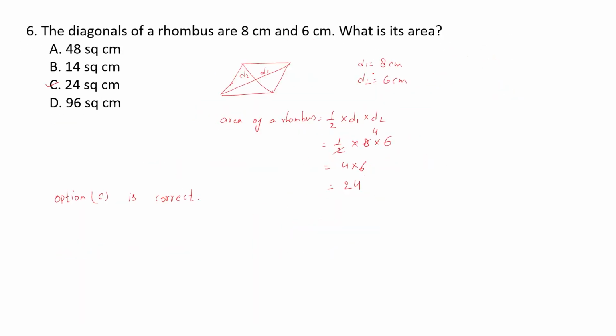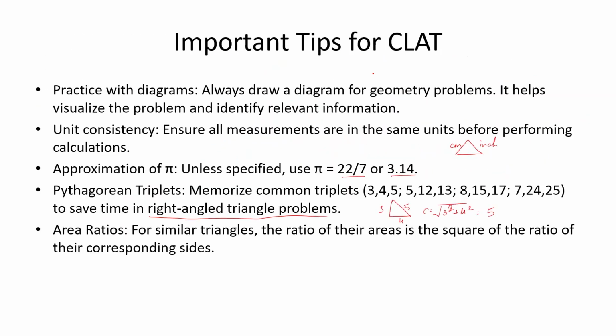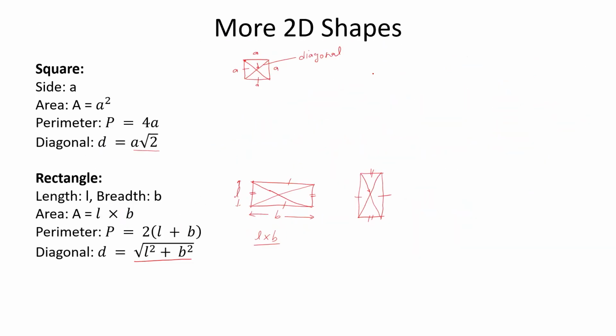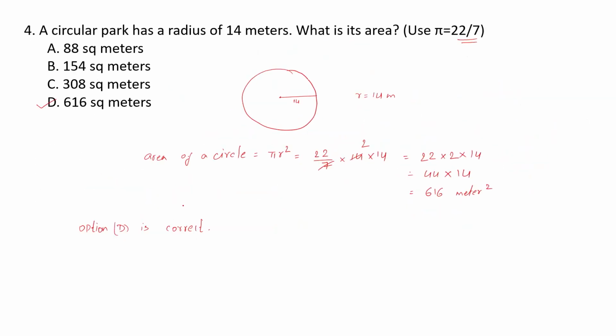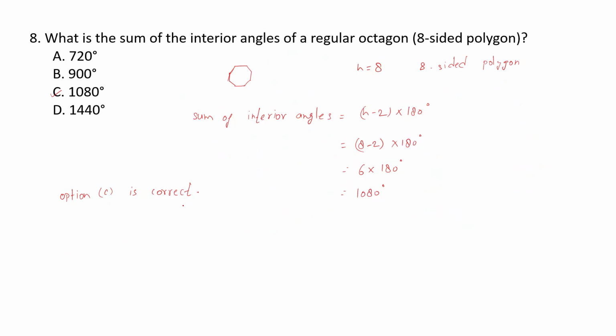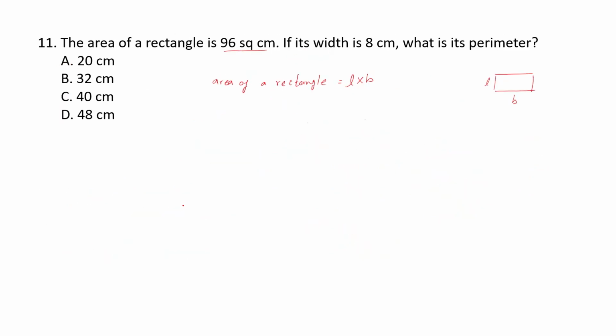Let's cross check. Rectangle. So it is base and length. Area is base and length. Perimeter is 2 times length plus base. Hmm.